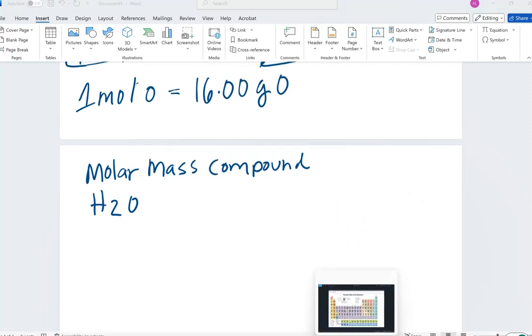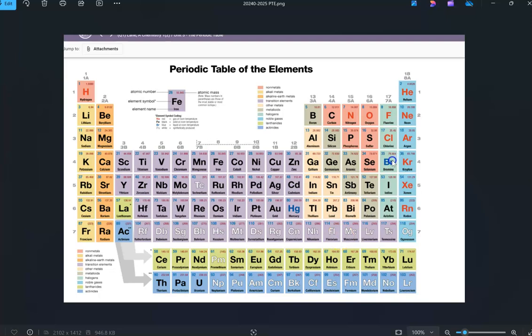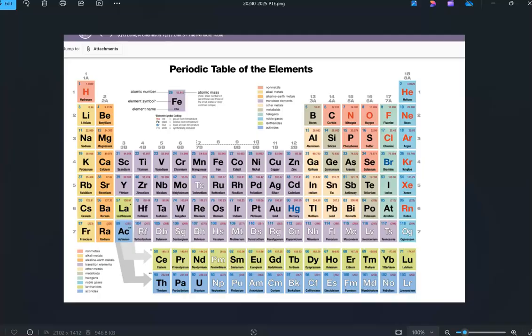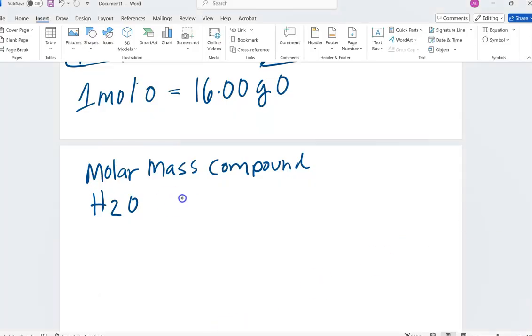So I'm going to go back to my periodic table, and I know the molar mass of 1 mole of hydrogen is this mass, and 1 mole of oxygen is this mass. But I have 2 moles of hydrogen because I've got the subscript 2. So I have hydrogen, I have 2 of them, each with the molar mass of 1.01.